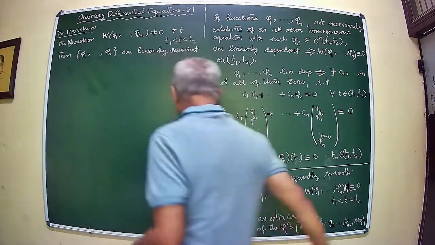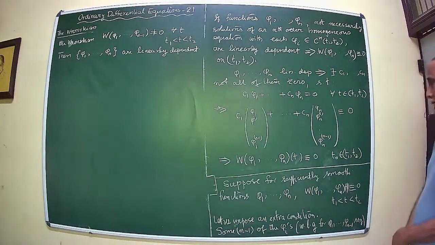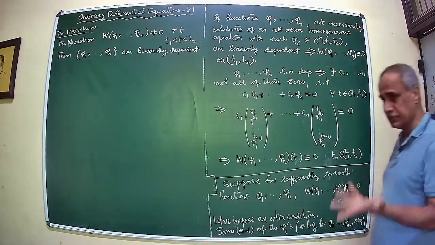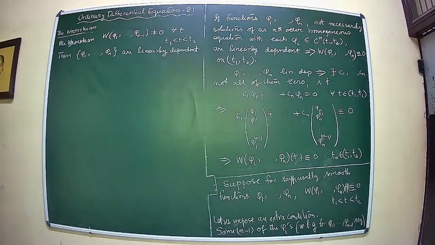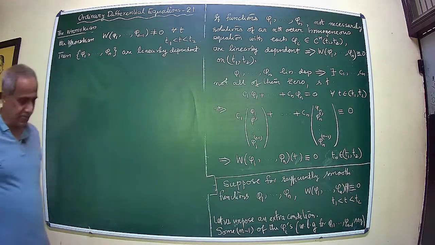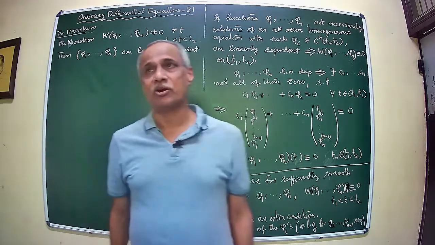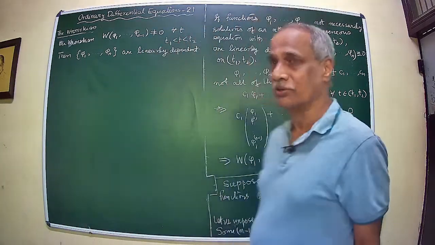So you are asking the question in the reverse direction. We have seen that if the functions are linearly dependent, then the Wronskian is identically equal to 0.